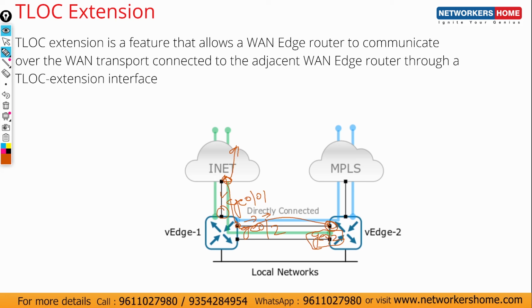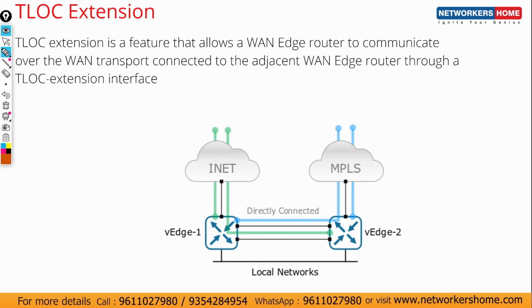So two TLOCs through VPN 0 is what we are talking about, because GE00 essentially doesn't have internet connectivity. It is just extending itself. Although the real extension happens here, this is just a facilitator. So what are you extending? Are you extending this to the internet, or to the other site? This is very important to know.